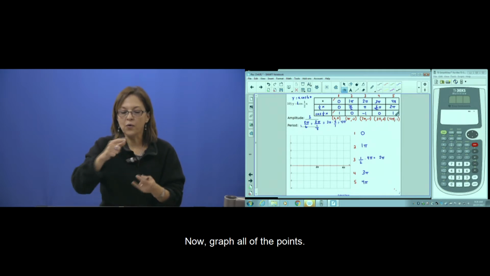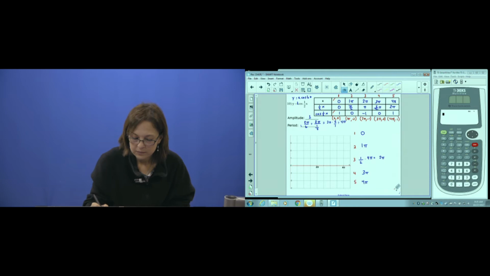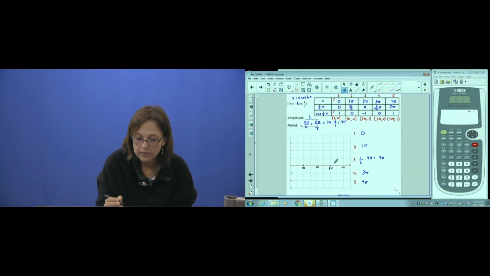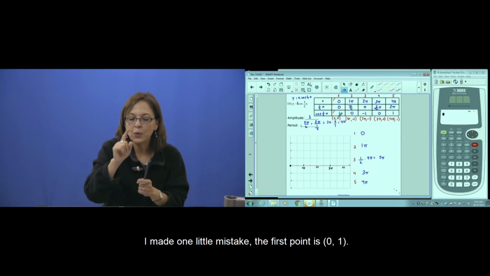Now graph all the points. One little mistake. The first point is 0, 1.